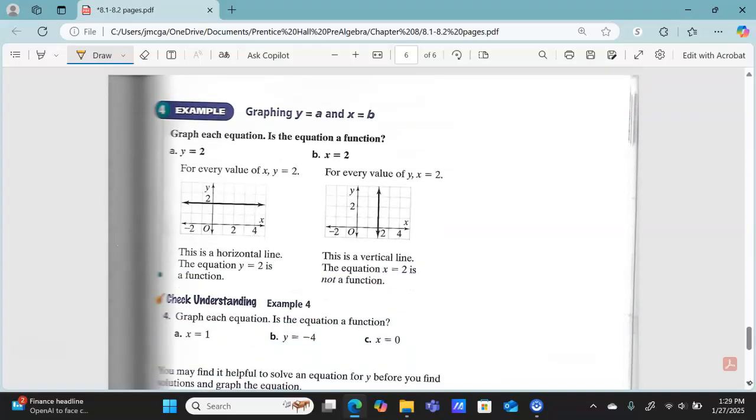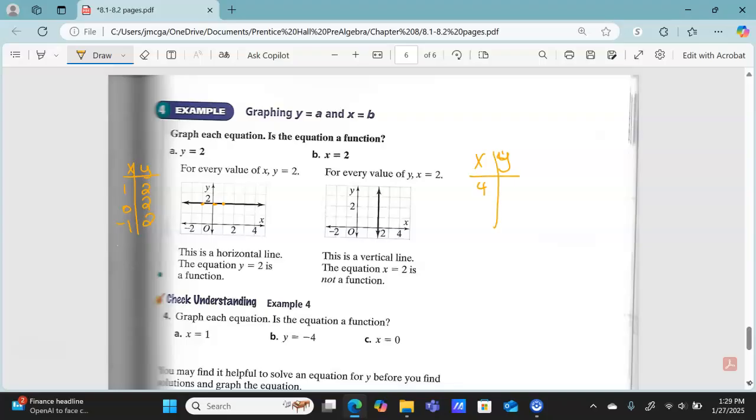Okay, in example 4, they graphed the equation y equals 2. Now, if the equation is y equals 2, what that means is that y is always 2, no matter what number you put in for x. And so I have 1, 2, -1, 2, 0, 2. It's a horizontal line. And then here, they did x equals 2. But what if I had said x was 4?